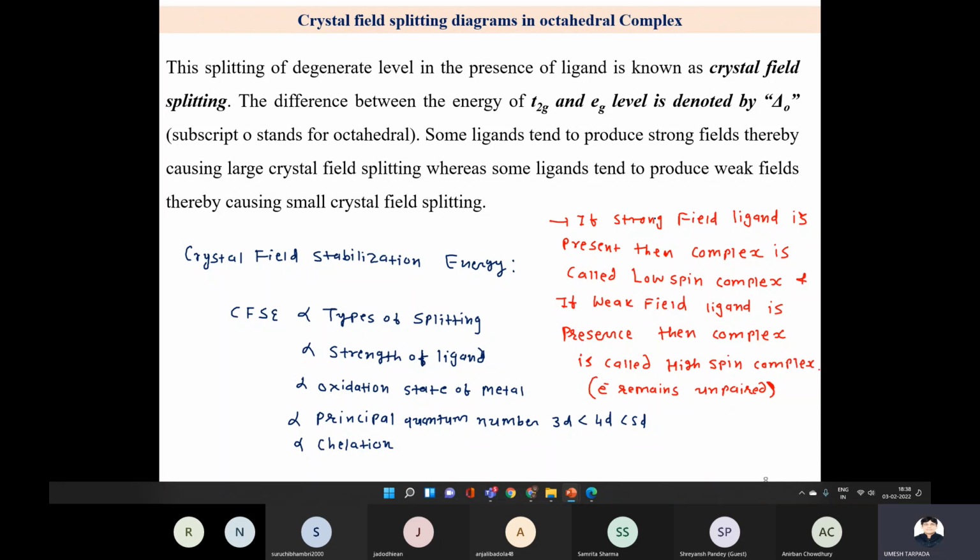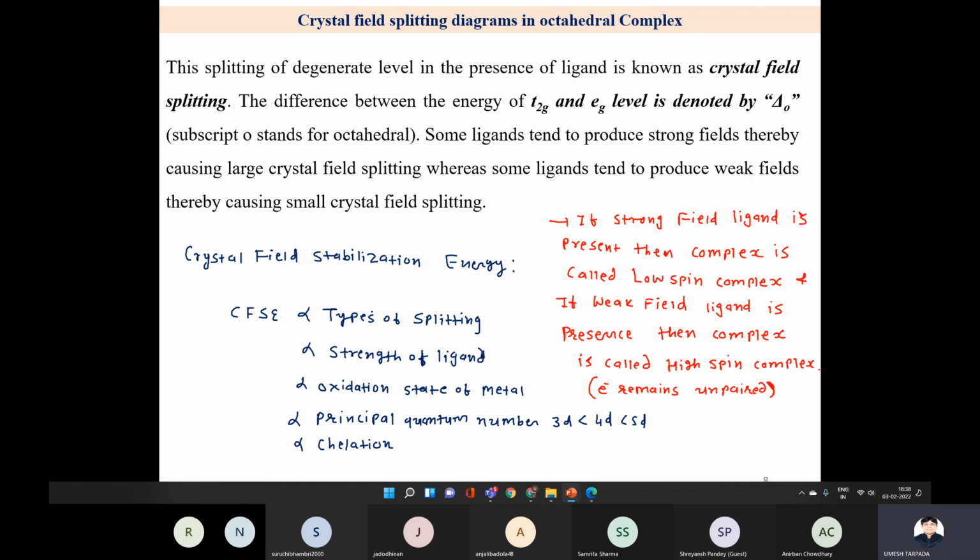So the dx square minus y square and dz square orbitals have lobes along the axis, so ligands and orbitals are on the same axis and very close. They experience more repulsion as compared to dxy, dyz, and dxz.